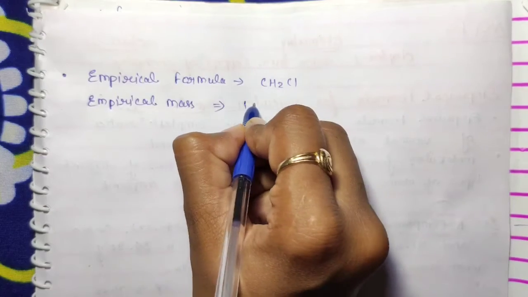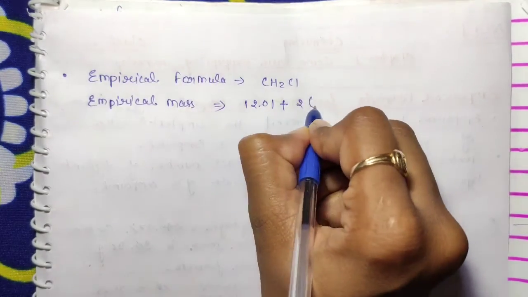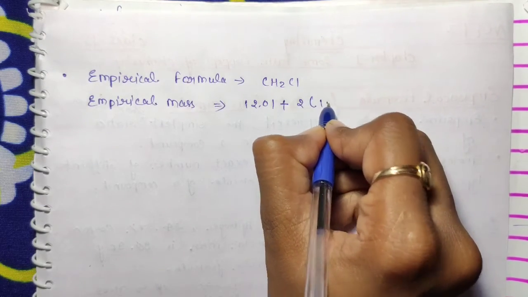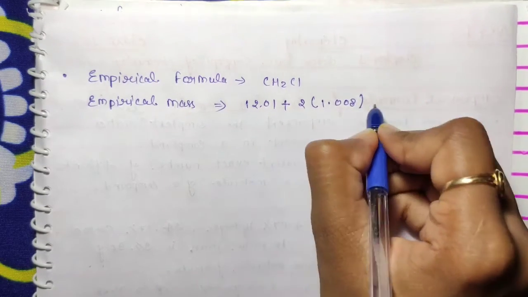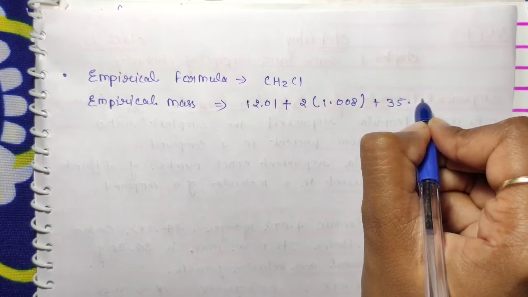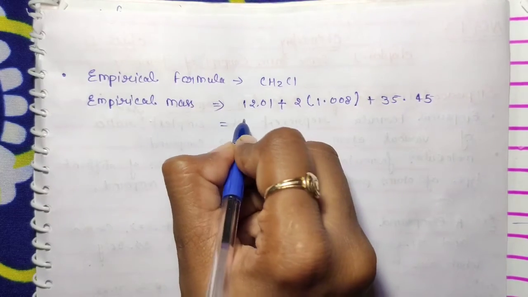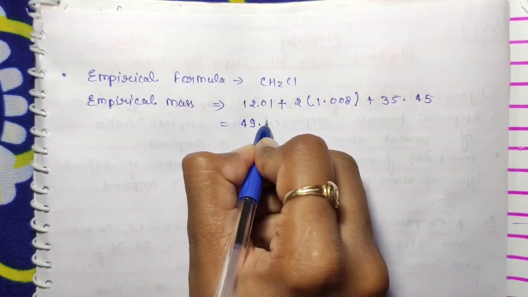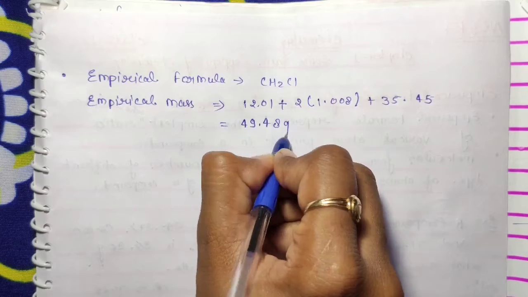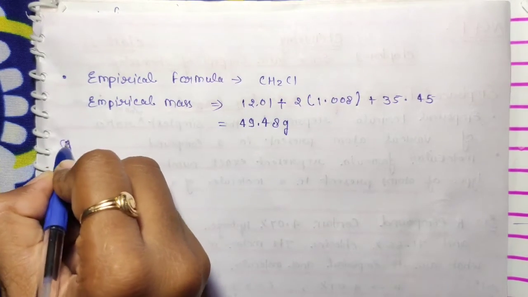Atomic mass of carbon 12.01, atomic mass of hydrogen, 2 hydrogen present, so 1.008 multiplied by 2, plus atomic mass of chlorine atom 35.45. We will get 49.48.